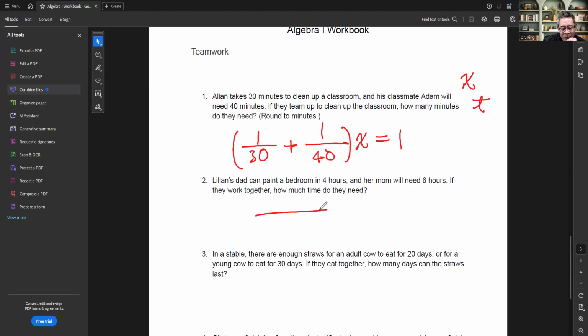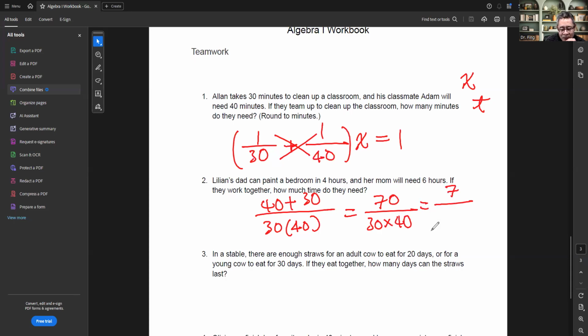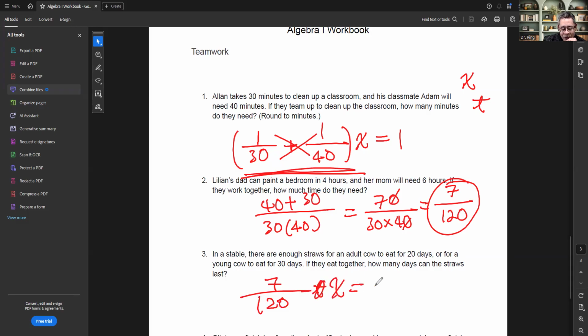We add them, the common denominator is 30 times 40, and cross multiply, 40 plus 30, and that is 70 over 30 times 40. We can cancel a 10, so it's 7 over 120. So what we got here is 7 over 120 times x equals 1.